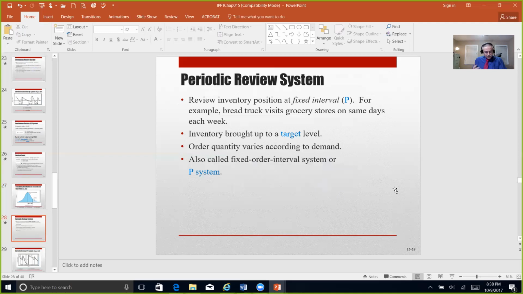At the bottom of page 386, we see that it does not have a reorder point, but instead has a target inventory. It does not have an economic order quantity, since the order quantity may vary according to the demand. In the P system, the order interval is fixed, whereas in the Q system, the order can be placed when the inventory is needed. So a little bit of difference between a P and a Q system.